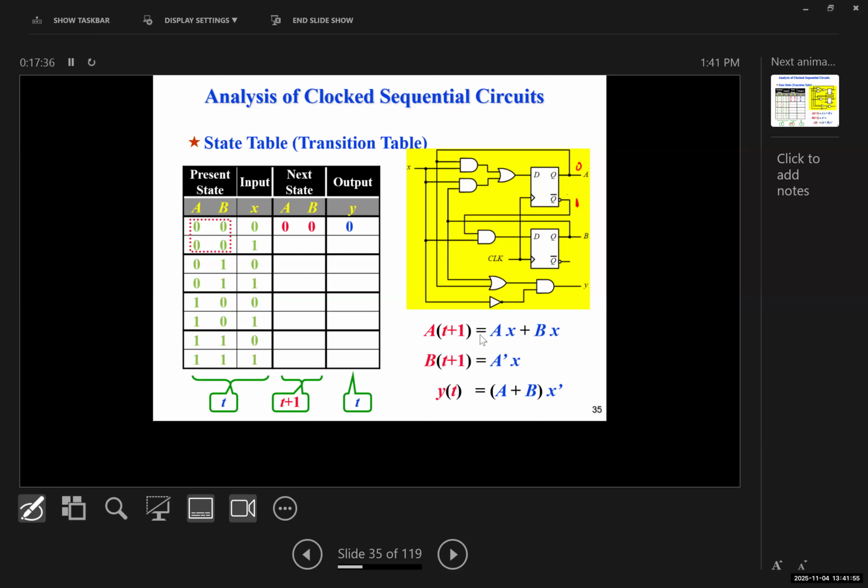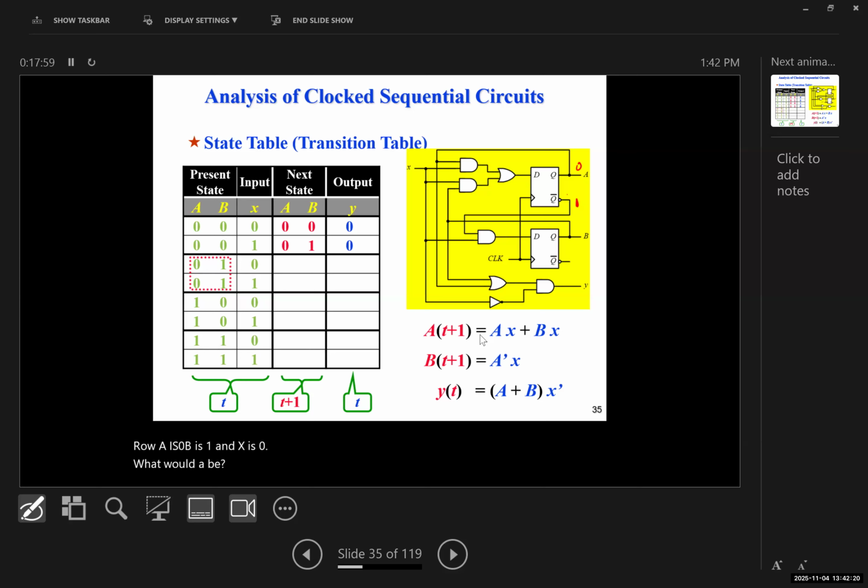Okay, what is the next state of A? 0. What is the next state of B? 1. And what is the next state of Y? 0. Now let's do it with the next row. A is 0, B is 1, and X is 0. What would A be? 0, thank you.